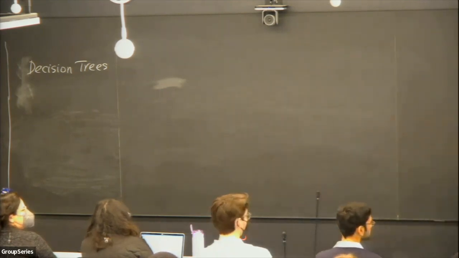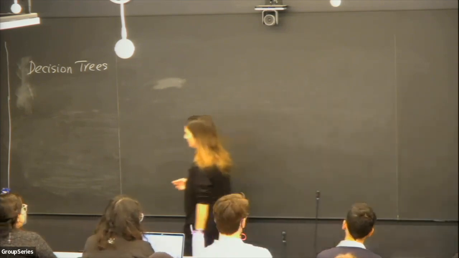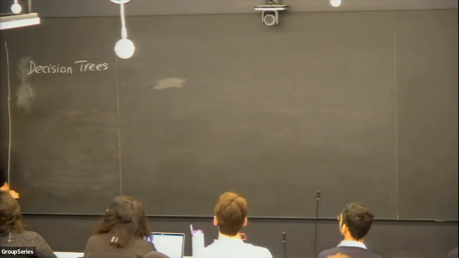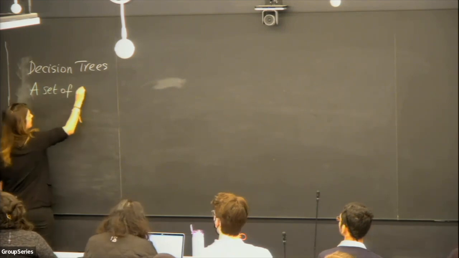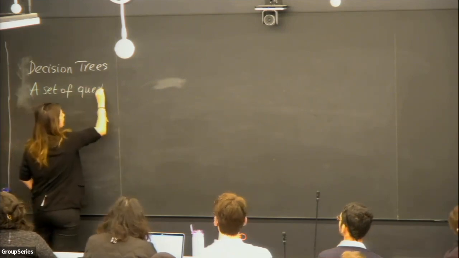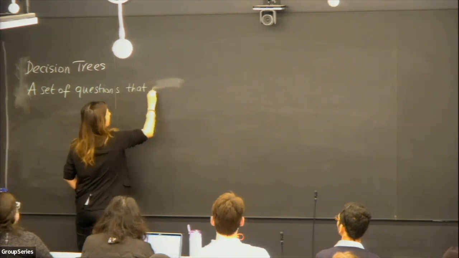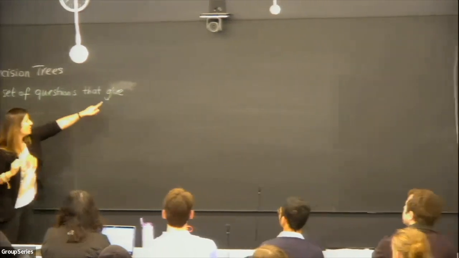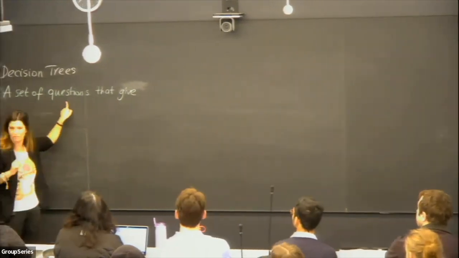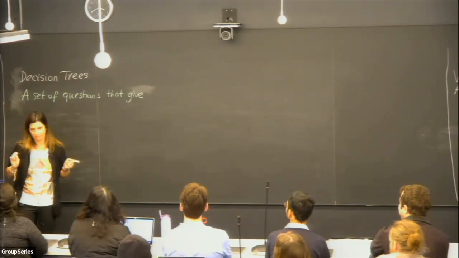So the idea here of decision trees, and Guess Who, is that this algorithm consists of a set of questions. Now, with a set of questions, should this agree with set or with questions? A set of questions gives you the answer, or give you the answer?